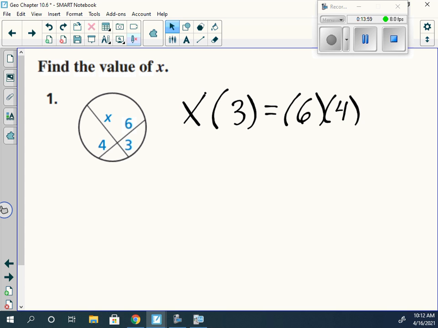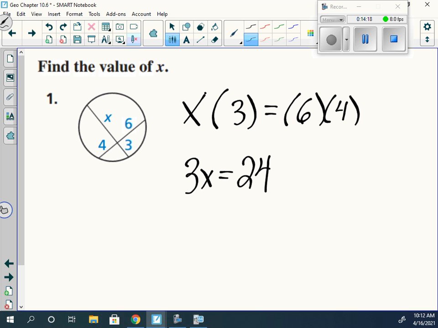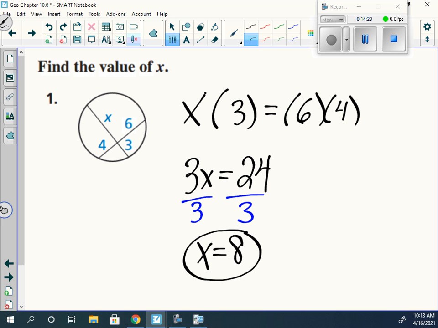So it's not always going to be that we have to have it as x plus 1 and x plus 2 and all this stuff set out here, because we can just have numbers like they give us here. Well, 3 times x, or x times 3, is going to be 3x. 6 times 4 is 24, and then we would divide, and x is equal to 8.